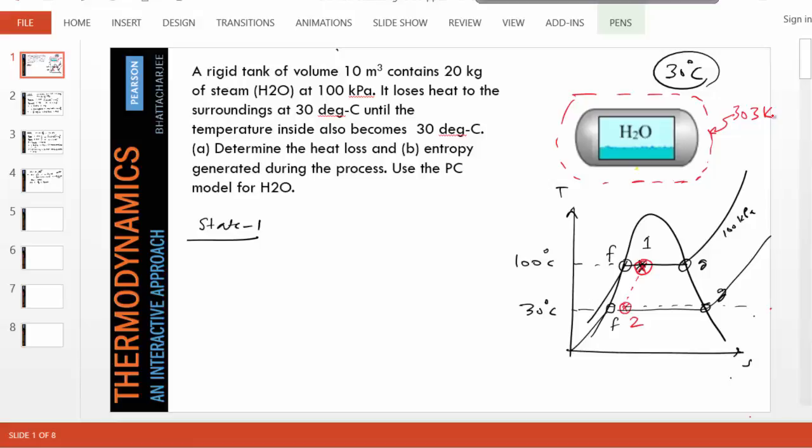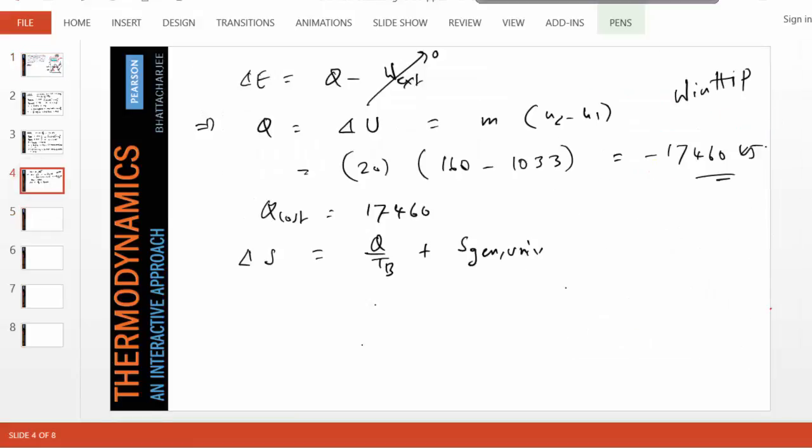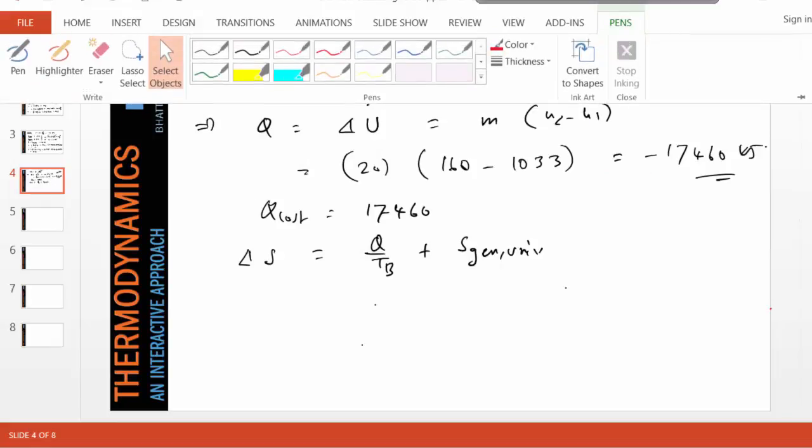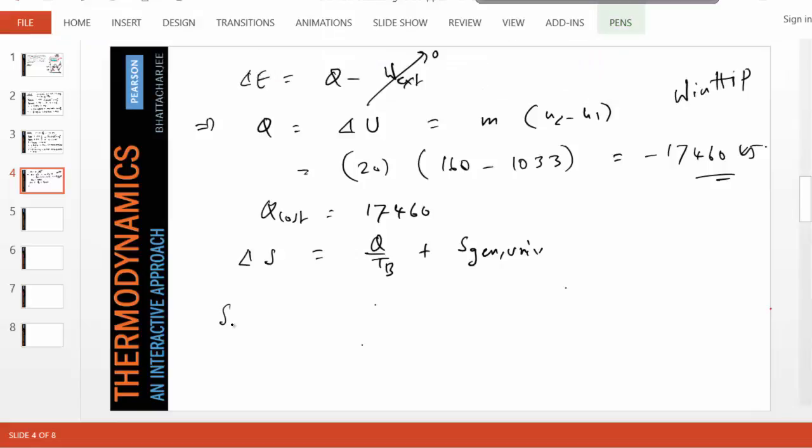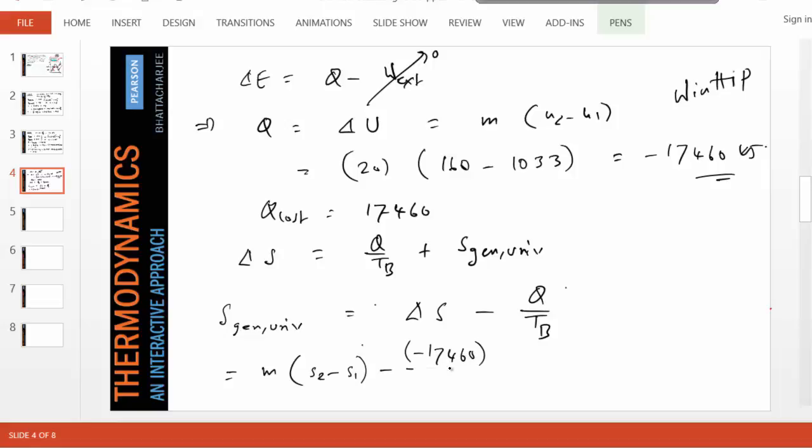And heat is passing through this, entropy is coming out of here. So if we write the entropy equation now, delta S is this, therefore S_gen universe is given as delta S minus Q over T_B, which is mass times (S2 minus S1) minus Q. Notice Q is 17460 negative this divided by 303, and we have found S1, S2 and m.